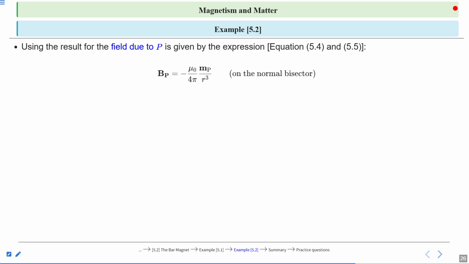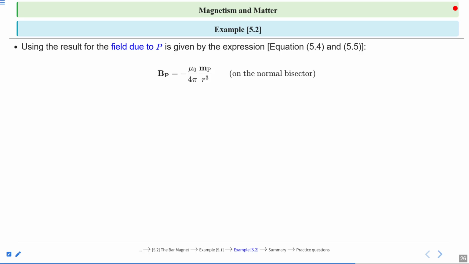This is for the normal bisector, when the magnetic field is perpendicular to the magnetic dipole moment of P. This is the formula for magnetic field in that condition on the equatorial plane.